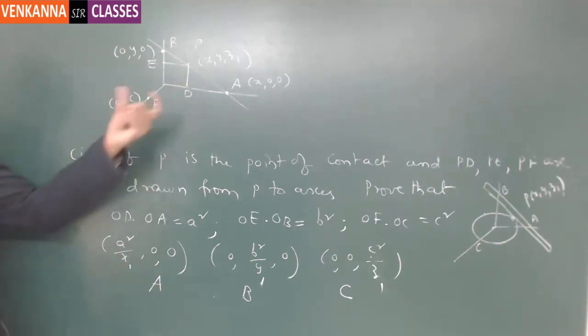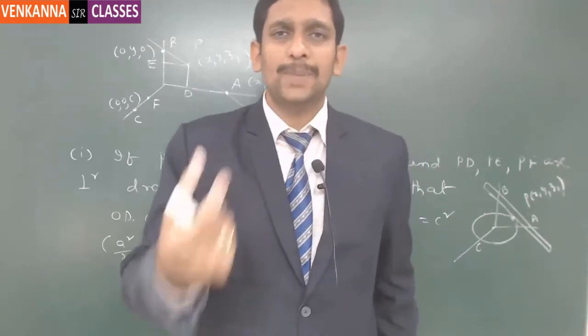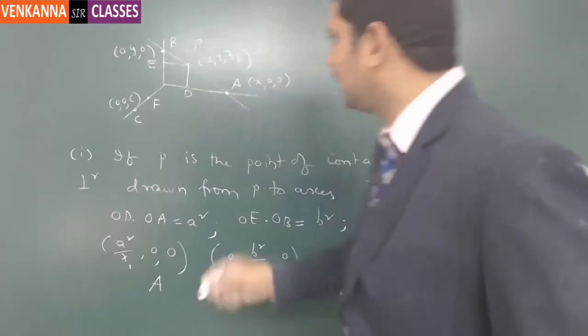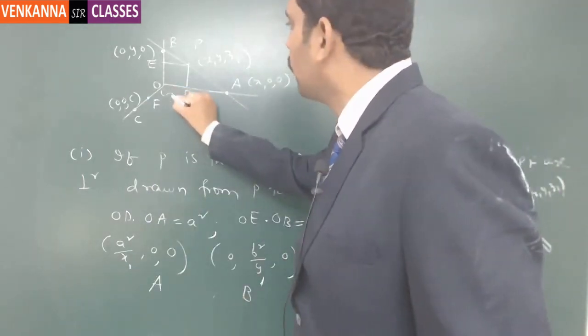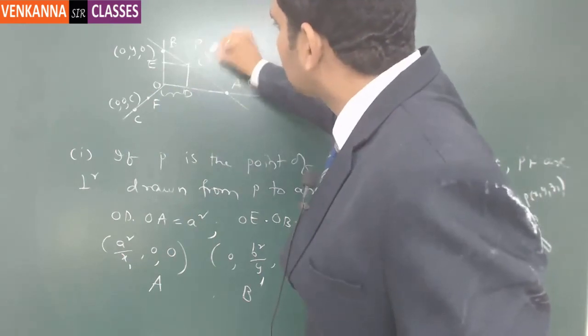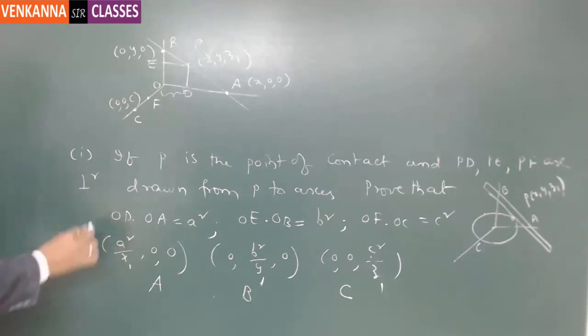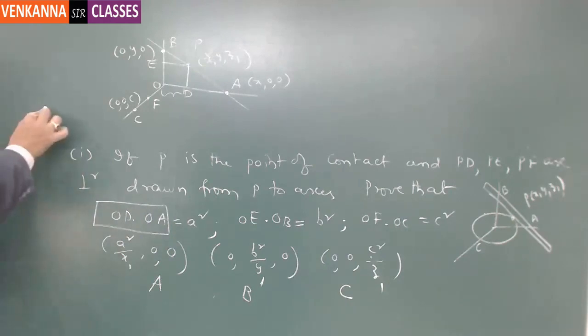So please understand, whenever you have specified the coordinates of a point, here this is the origin, so OD is nothing but the x coordinate x1. Accepted? If you want to consider the LHS part, OD into OA, OD is x1, OA is x.